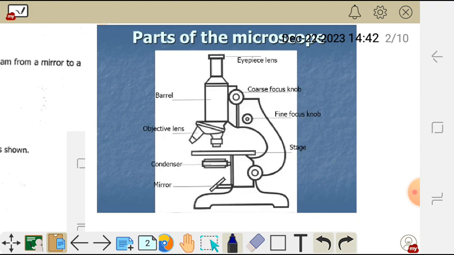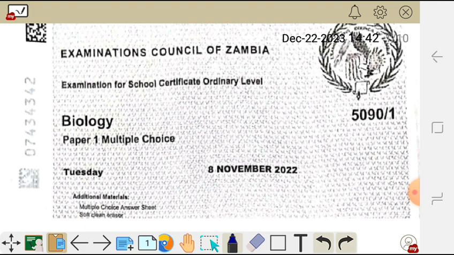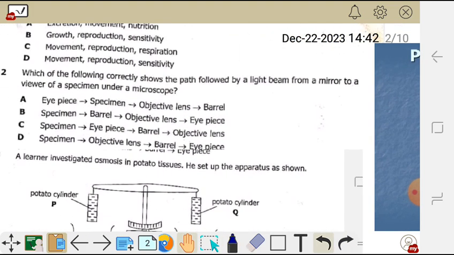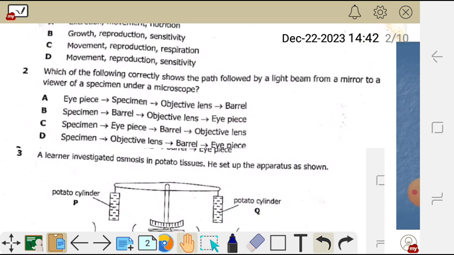So according to our question here, the correct path of a light beam from the mirror to the viewer of a specimen under the microscope, we are going to start from the specimen itself, as we have seen here.